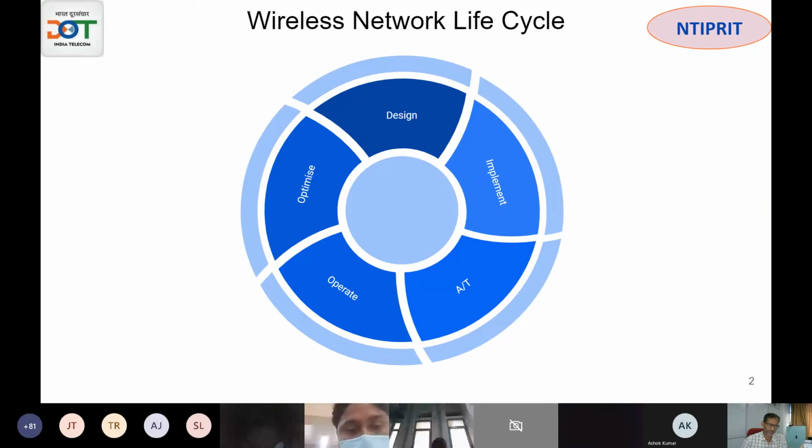So coming to today's session, the wireless network is very different from a conventional telecom network. In the conventional network, the role of engineering or optimization subsequent to commissioning is far less when we compare with a wireless network. In a wireless network, of course, implementation itself is complex, as we would see.